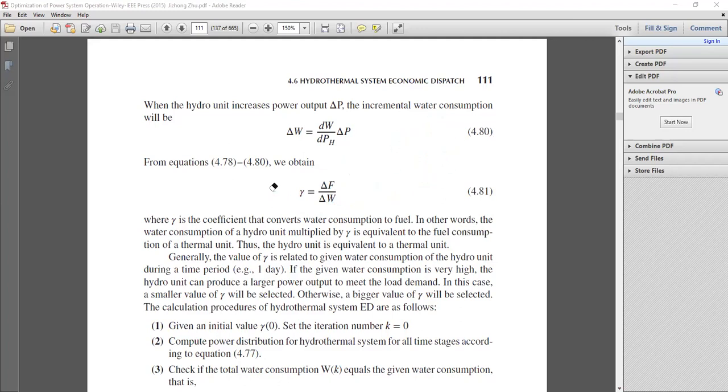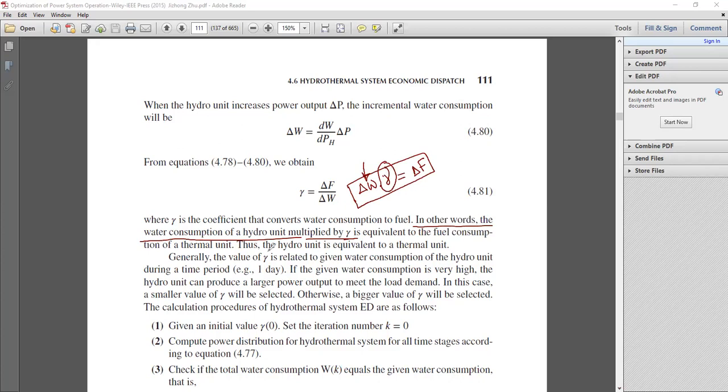So in this manner, we can find out what our gamma is. In other words, we can read out from this that the water consumption of a hydro unit multiplied by gamma is equivalent to the fuel consumption of a thermal unit. If you want to relate the thermal consumption and the water consumption, you have to take help of this gamma.